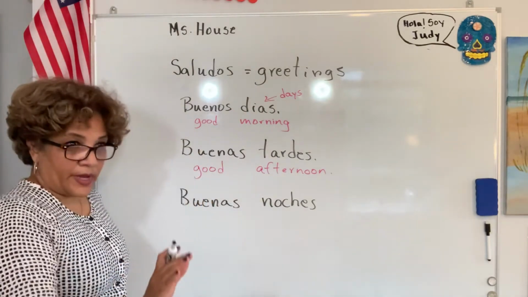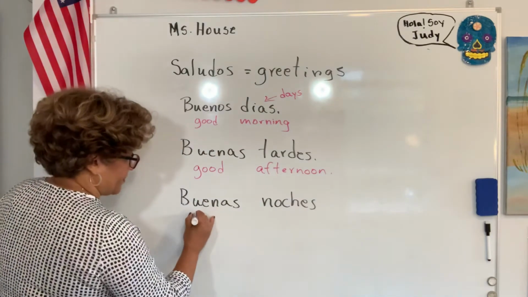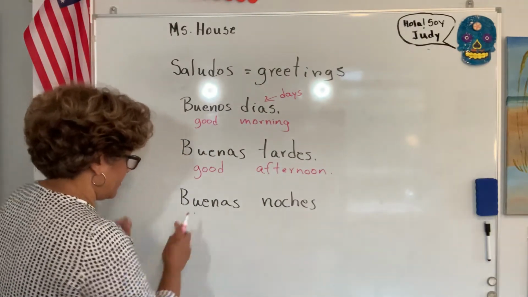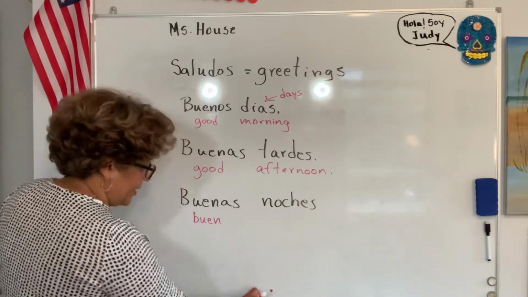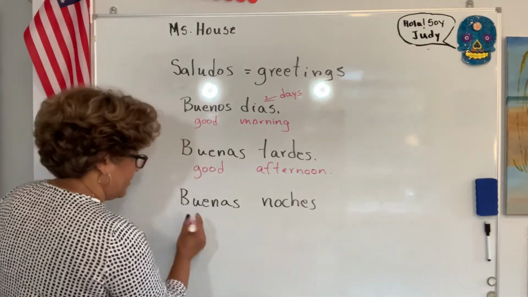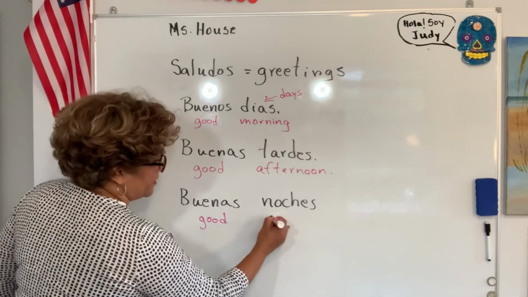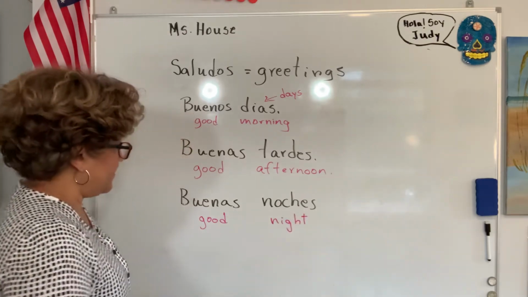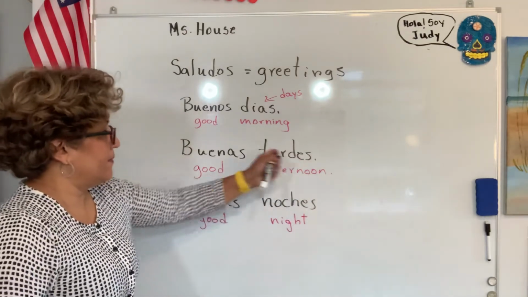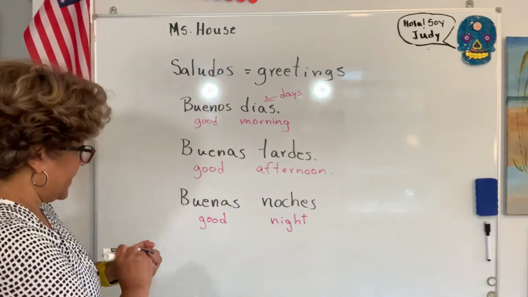When you're saying goodbye and have a good night, you still say buenas noches. Oh, I'm writing it in Spanish again. You can tell I'm a little tired. Good night. Yes, and in Spanish, they're all pluralized.